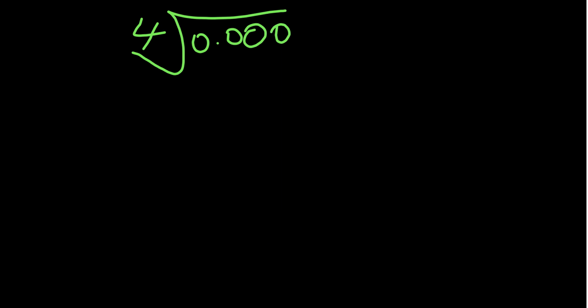The last one is, let's solve a question that involves a number that is less than 1, 0.0007. Okay, so what this means is log 0.0007 divided by 4.